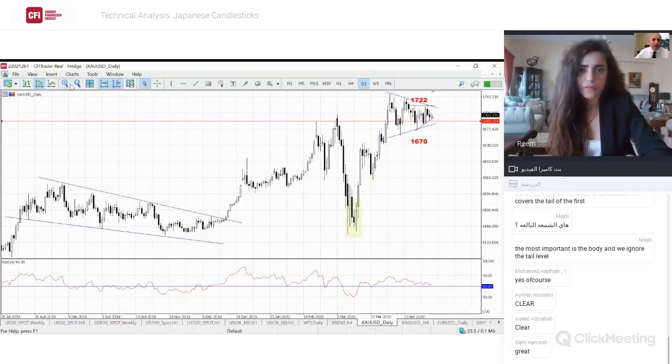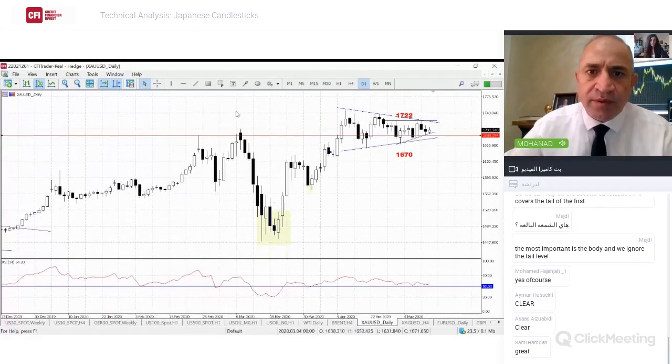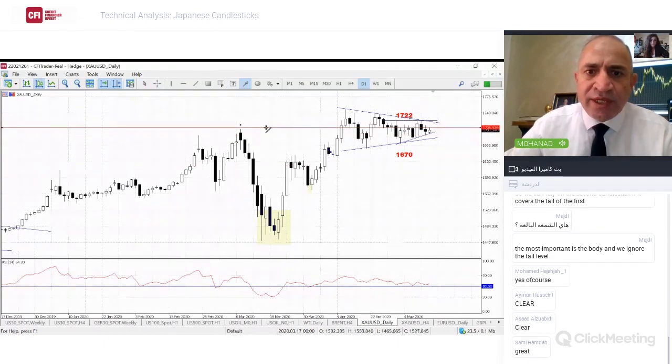This is the gold. We had a downtrend line. At the end of the downtrend line, we had a bullish engulfing pattern. As we see, it consists of two candlesticks.